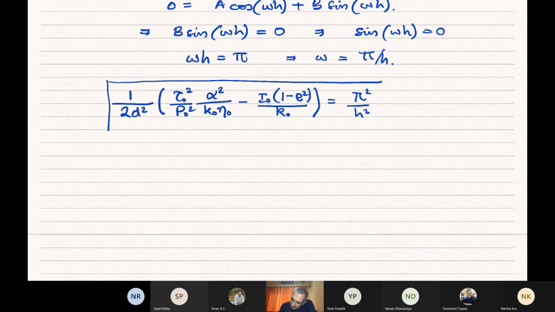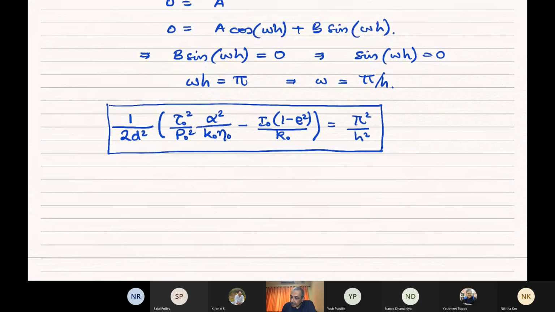So this essentially gives us a relationship between the shear stress tau 0 and p0. So for a given velocity, your shear stress will be fixed if you specify what is p0. So this is one equation.